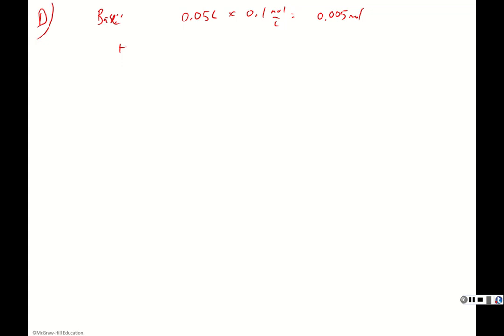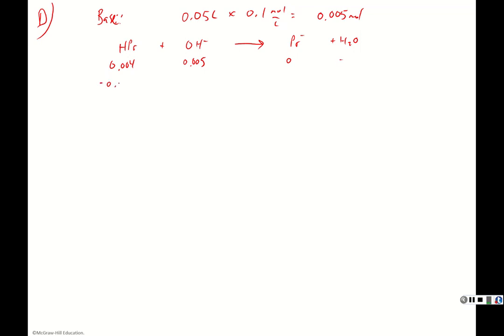You can probably do this in your head, but if we do it the long way, focus on the reaction that's occurring. We're starting with 0.004 moles. We're adding 0.005 moles of base. None of that to start.